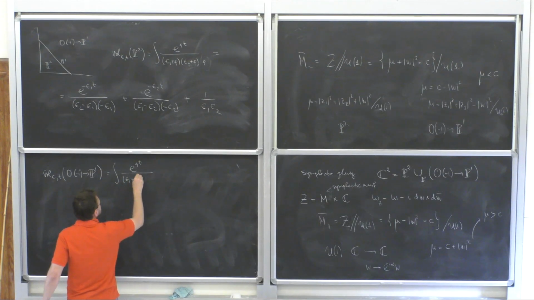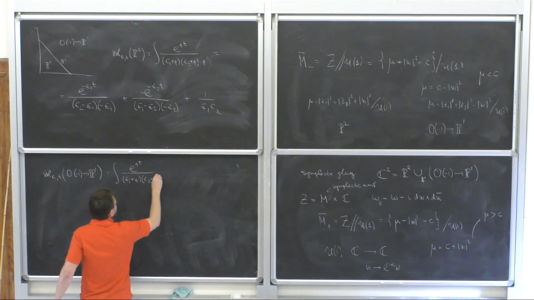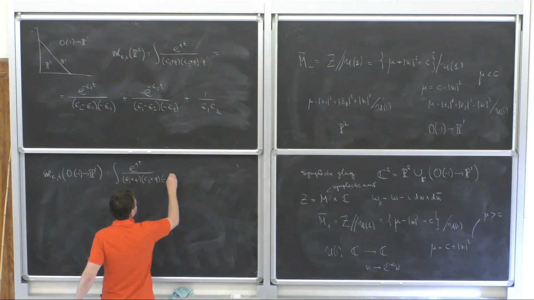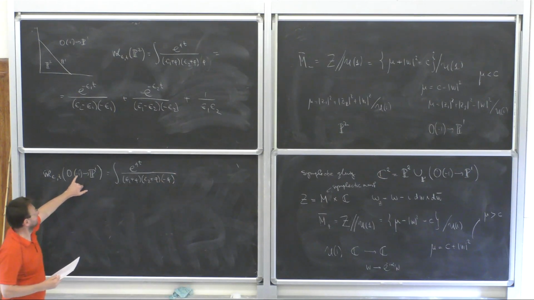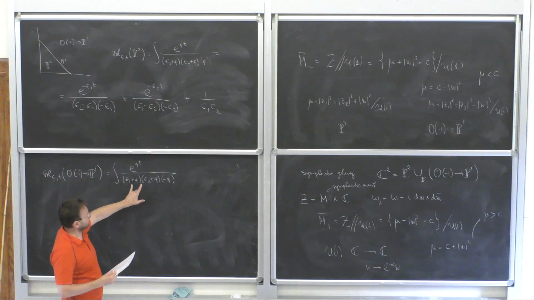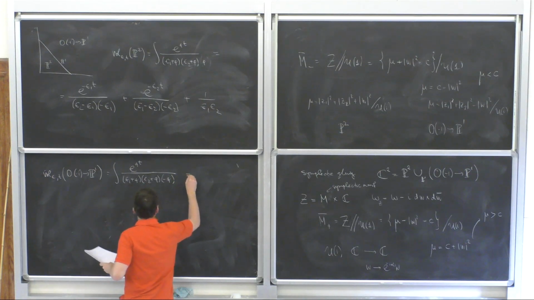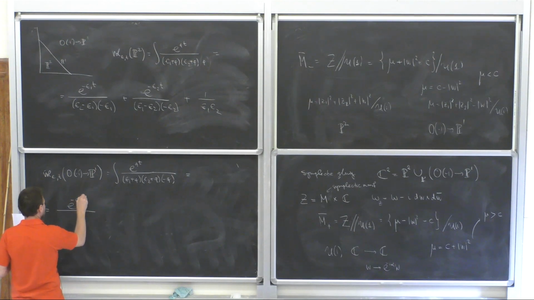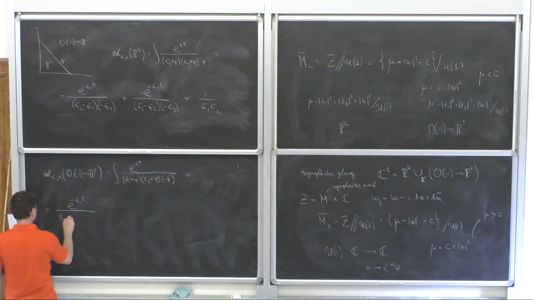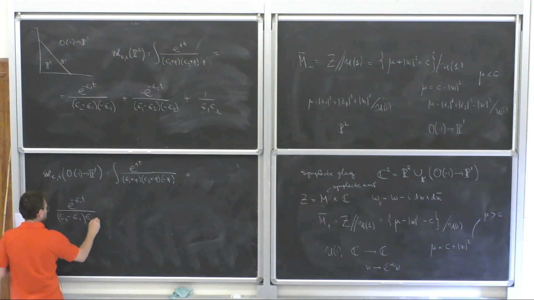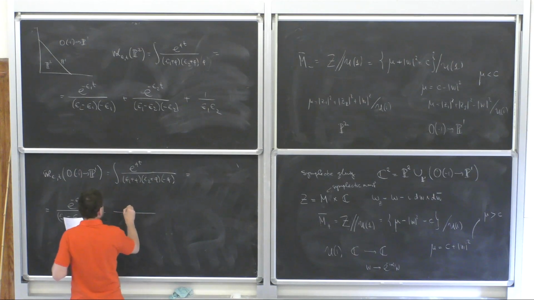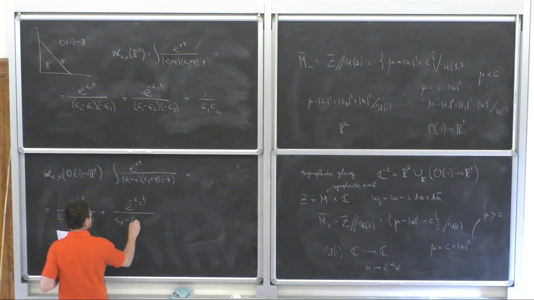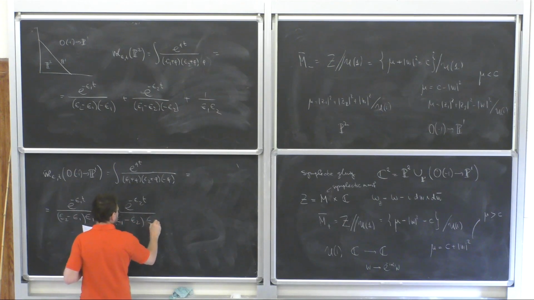So you get epsilon 2 plus phi, and again, because I don't have epsilon 3 in this picture, I just put minus phi. So this minus corresponds to this minus here. Now I take only two poles, this pole and that pole. So what I get is the following: e^{-epsilon 1 t} over epsilon 2 minus epsilon 1 times epsilon 1, plus e^{-epsilon 2 t} over epsilon 1 minus epsilon 2 times epsilon 2.